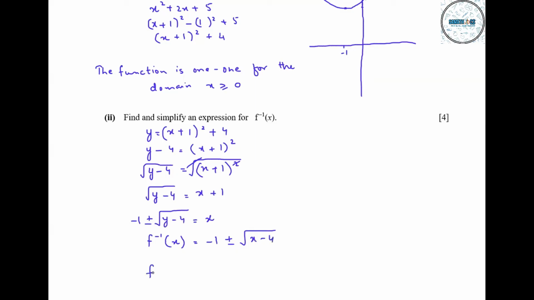Now we have to consider only the positive part, minus 1 plus under root x minus 4, as the domain is given x is greater than or equal to 0.